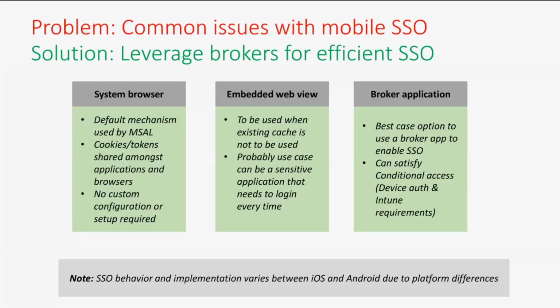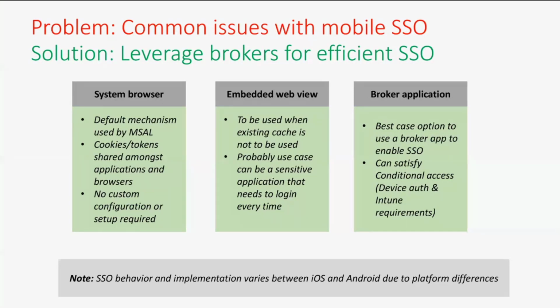So what can you do to make sure that we try to get the best experience? The system browser, as I mentioned, is the default mechanism, and we want customers or app developers to see if this can be leveraged instead of the embedded web view. The reason is this shares the cookies with the system browser, meaning the user opens his browser, logs into Outlook, logs into any of the Microsoft applications, and an SSO cookie for Azure AD is set. And when your application uses the same system browser based mechanism, you get the benefit of reusing that cache.